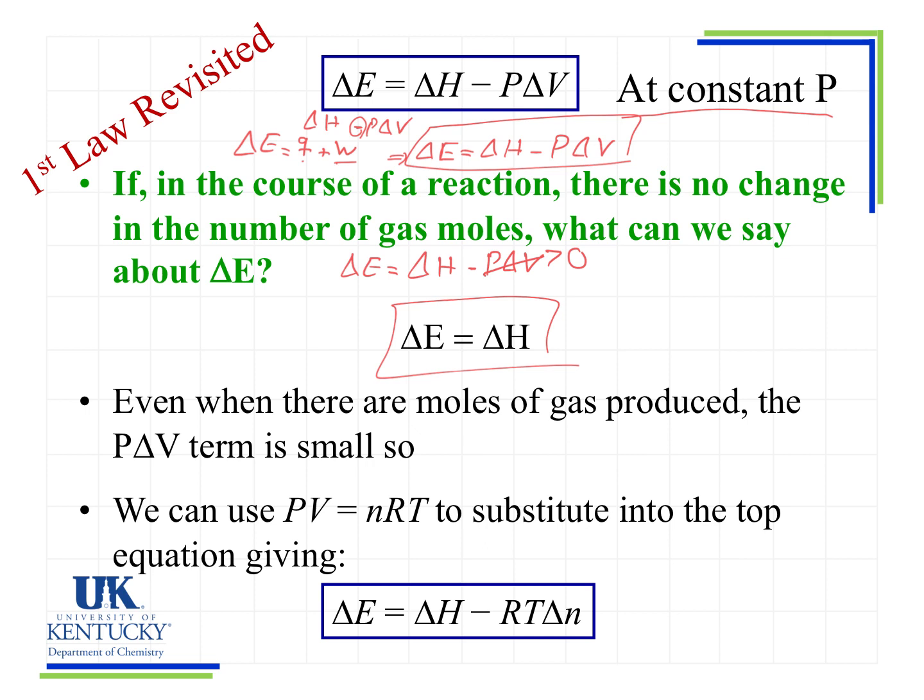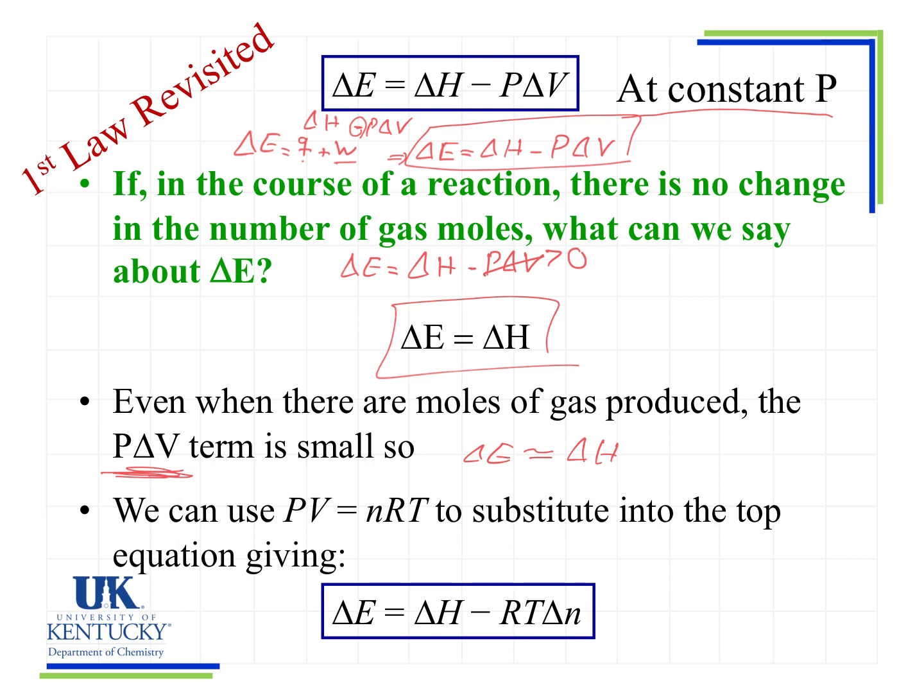It's because even though there is a change in the number of gas moles, the P delta V term is so small that even if we write it as delta H minus P delta V, delta E is almost equal to delta H. It might be a little bit different, but the change is not that much. So the change in internal energy is almost the same as the change in enthalpy.